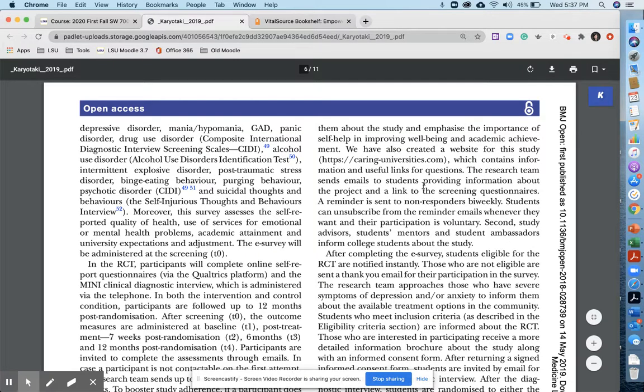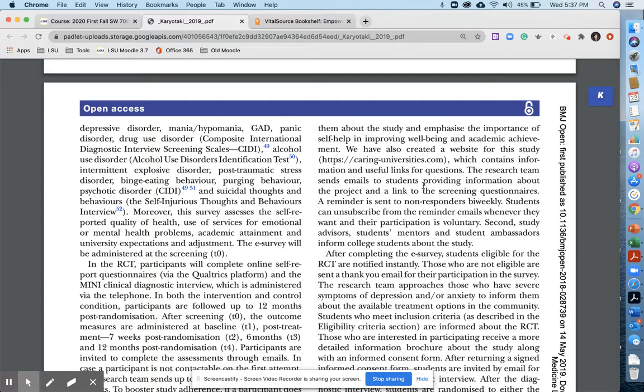And the researchers had them sign up for information about the study. They were sent reminders if they signed up to do the screening questionnaires. And then secondly, they had study advisors and student mentors and ambassadors let college students know about the study.